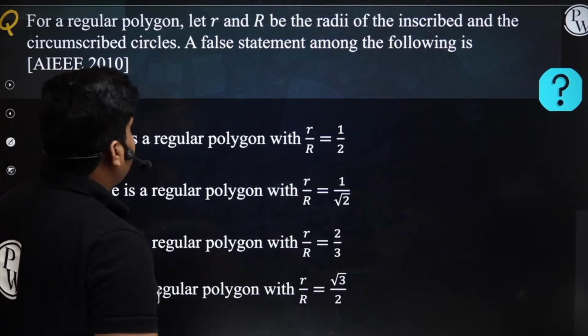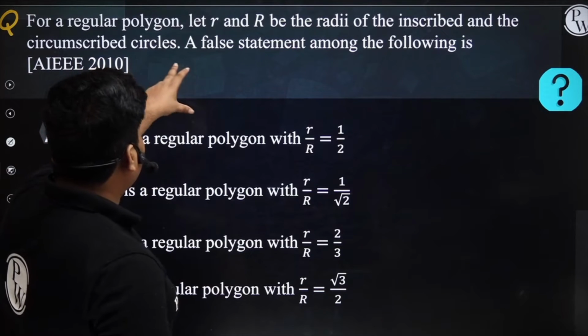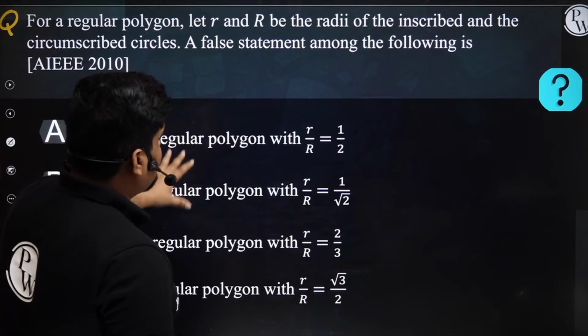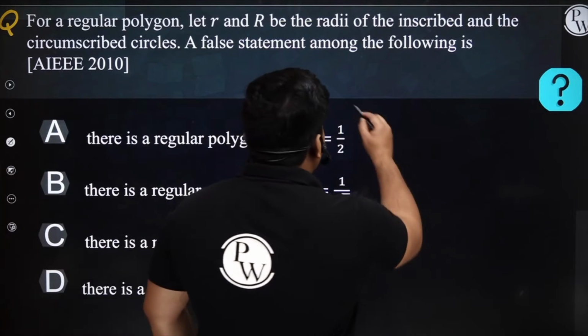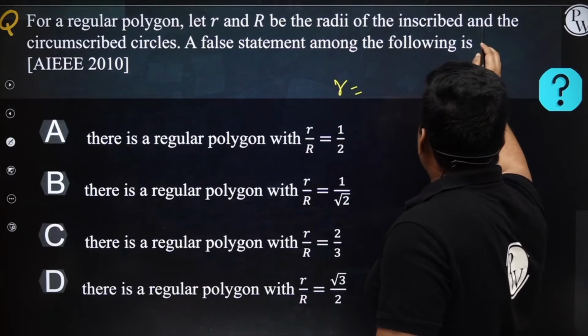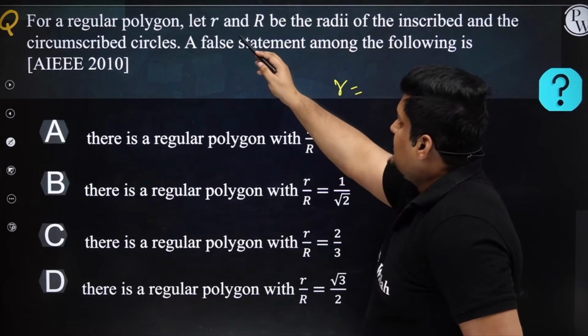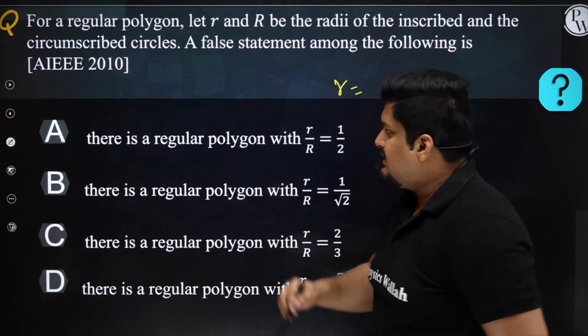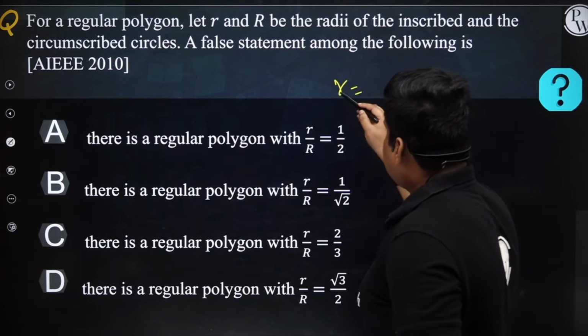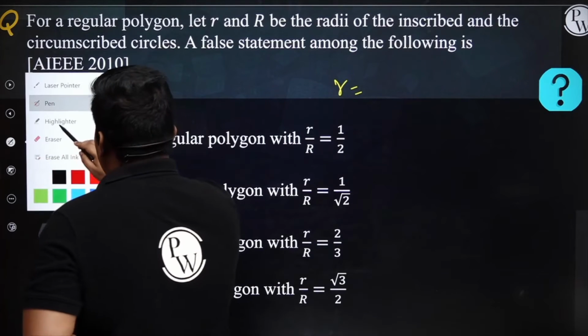Okay, so this question is again from SOT. For a regular polygon, let r and R be the radius of the inscribed and circumscribed circles, and a false statement among the following is. So what is r, guys? Let r and R be the radius of inscribed and circumscribed. So when inscribed is there, r was equal to what? We remember the length a.